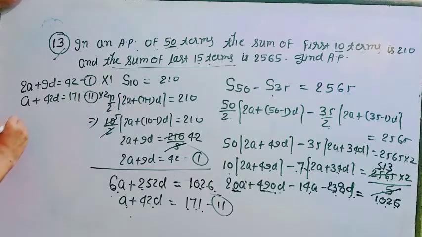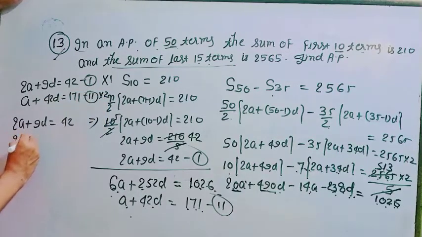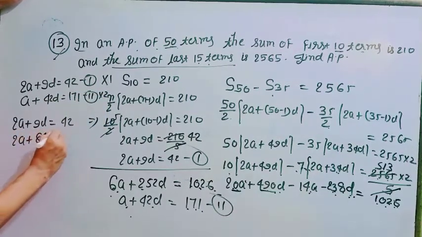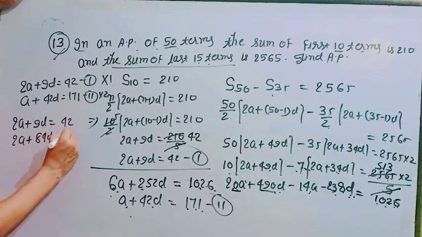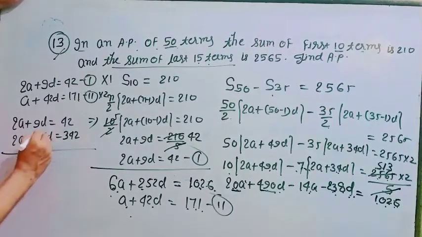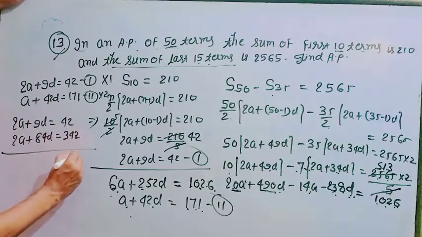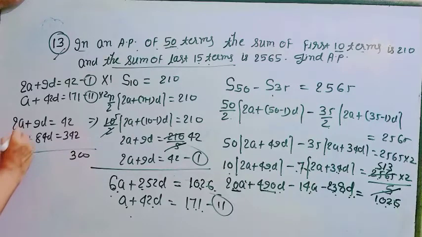Then you get 2a plus 9d is equal to 42 and 2a plus 84d is equal to 342. Then you subtract 42 from 342, that is 300 and a is cancelled. From these solutions you get a and d, and after a and d you can find the AP.